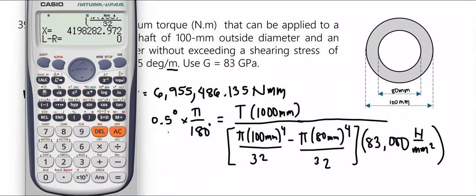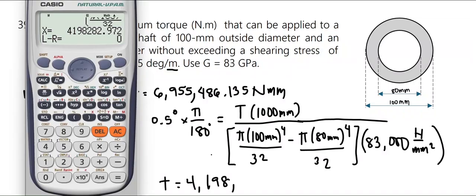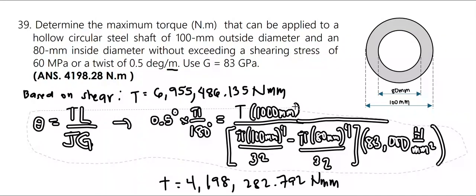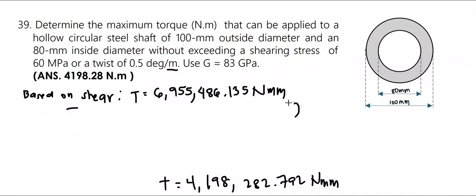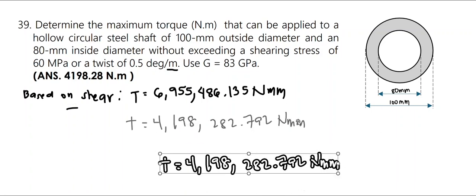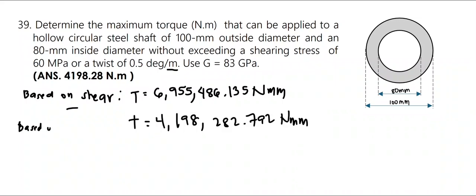Shift solving, we get T equal to 4,198,282.792 Newton millimeters. And this is based on the angle of twist.